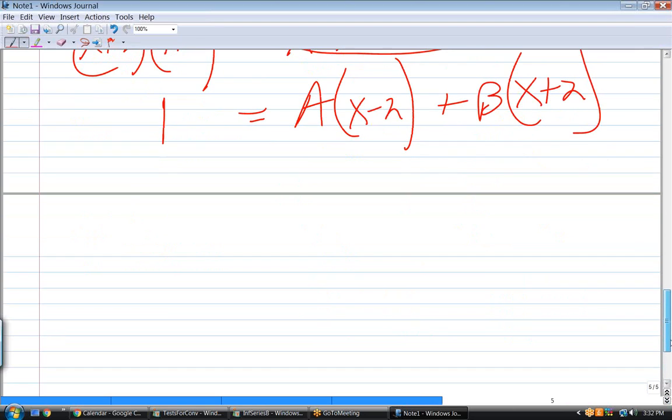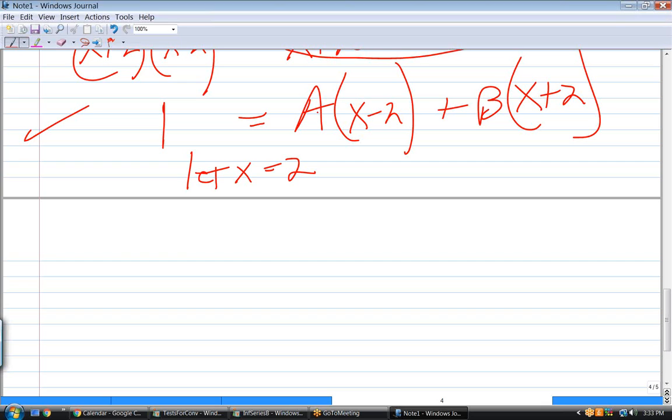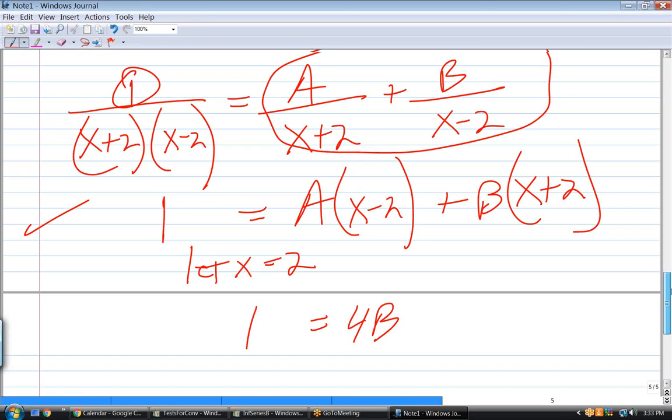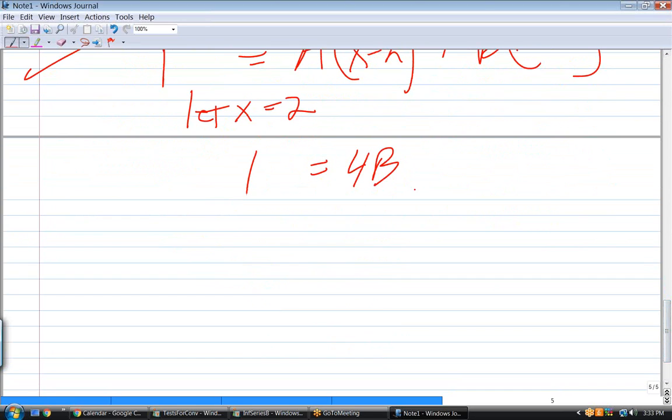Now, to solve this, the equation has to be true for all x. So I can conveniently solve it by, first of all, letting x equal 2. If I let x equal 2, the a term disappears, and I end up with 4b equals 1. Did I do this right? Hold on. I might have it backwards. No? Okay. So I get b equals 1/4.